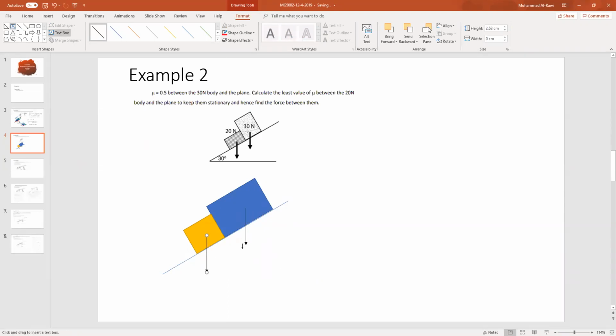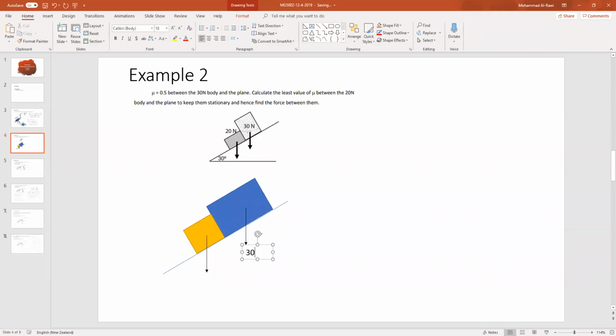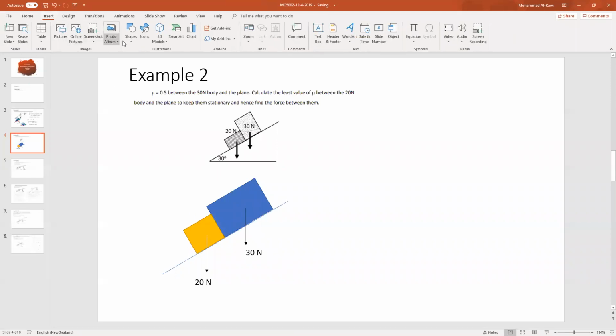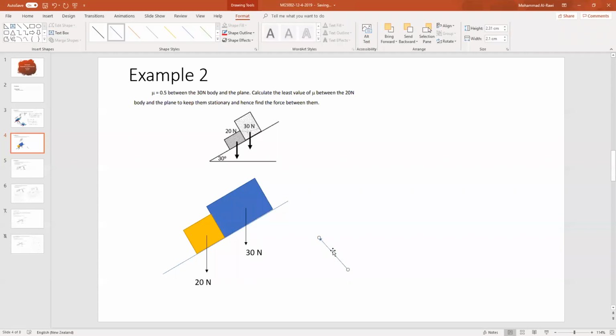We need to have the values. So this one is 30 Newtons and the second one is 20 Newtons. Now, one thing we need to demonstrate is how the normal force will react. So I will do something like this here first.